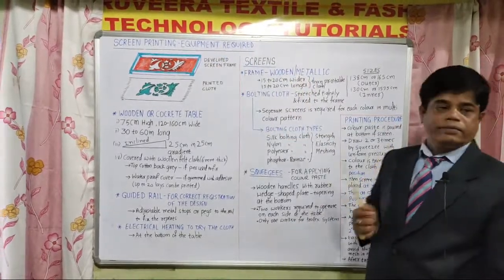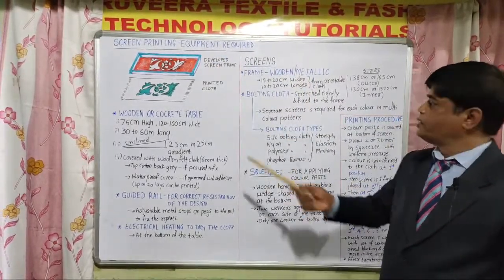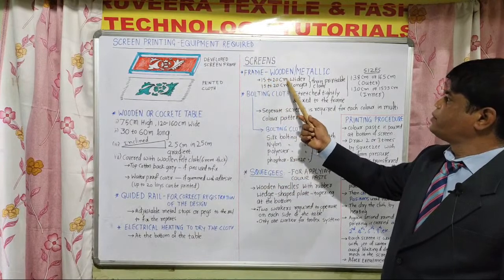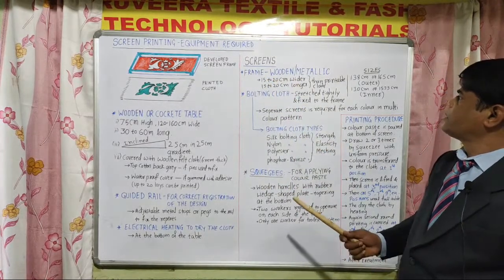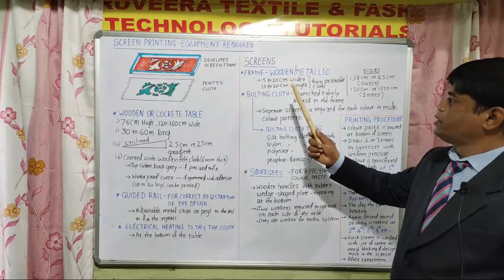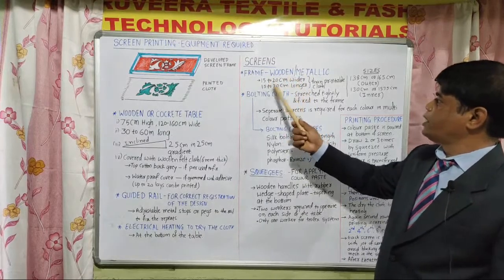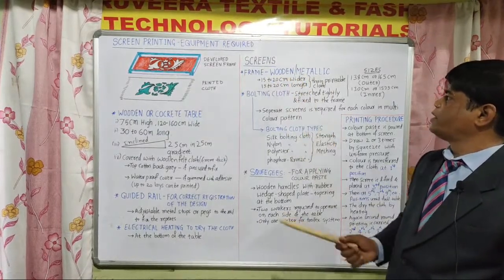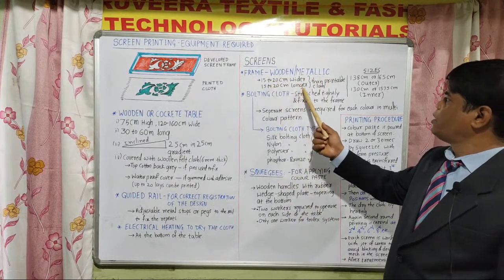Usually, what is the size of this frame? It will be 15 to 20 centimeters wider and 15 to 20 centimeters longer than the printable cloth.